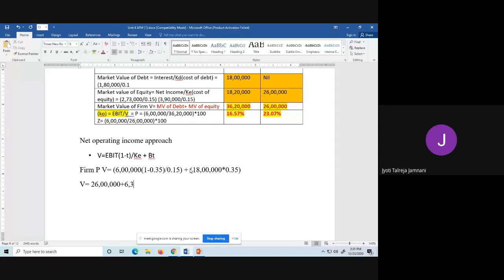So the value for firm P is 32,30,000. Once you get this, we'll go for finding the value of firm Z.